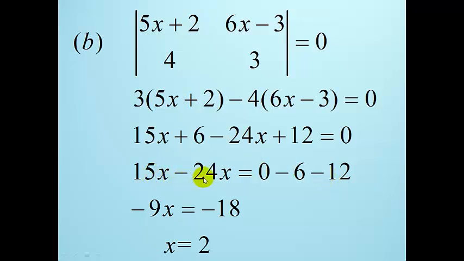So 15x minus 24x equals minus 9x, and this is equal to 0 minus 6 minus 12, which is minus 18. So we divide both sides by negative 9. When we divide the left hand side by negative 9, we are left with x. And when we divide the right hand side by negative 9, we have 2. That means that the value of x is equal to 2.